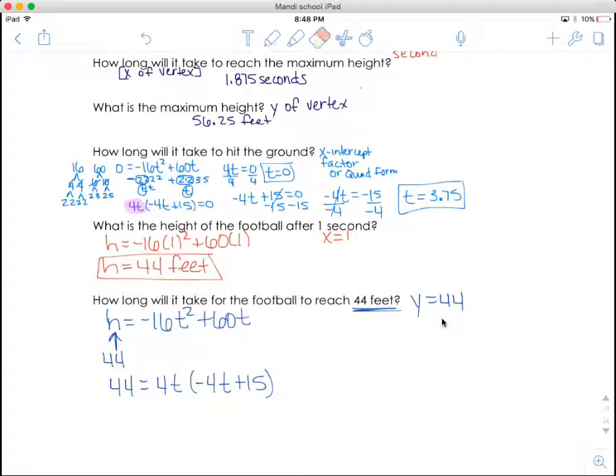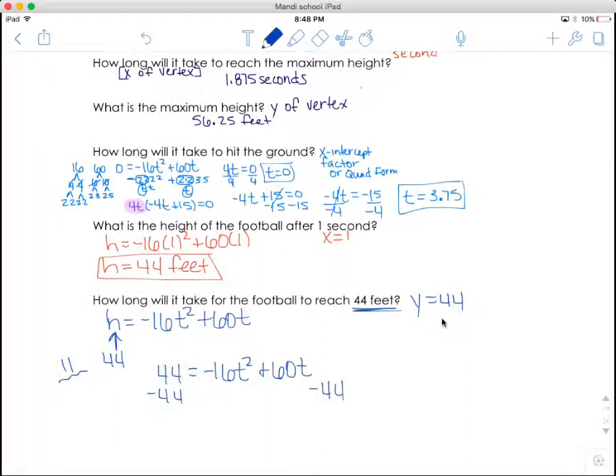Oh, you know what? I didn't do that right. Erase. Put a little sad face there for a second. Okay, let's try this again. 44 equals negative 16t squared plus 60t. We have to subtract 44 from both sides because I forgot the important rule of factoring.